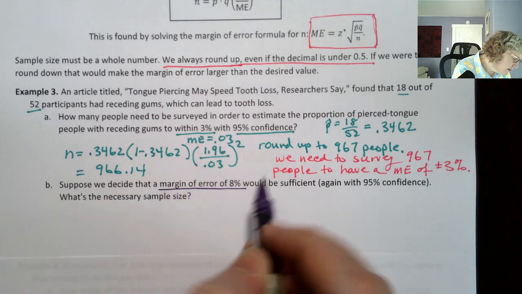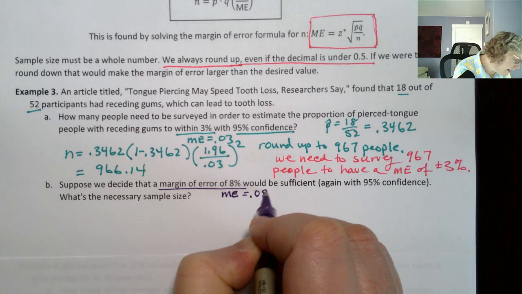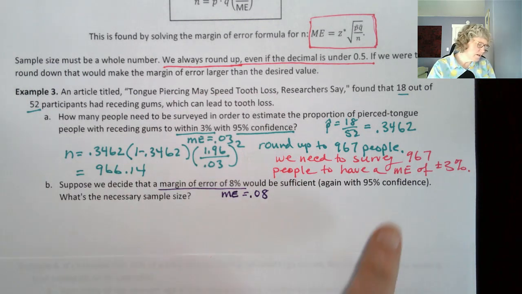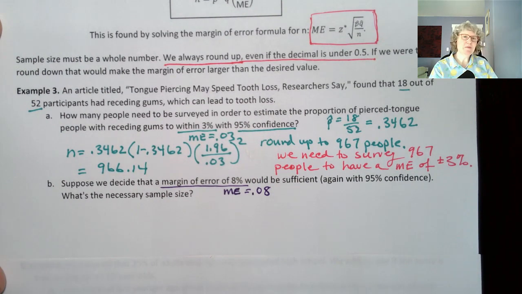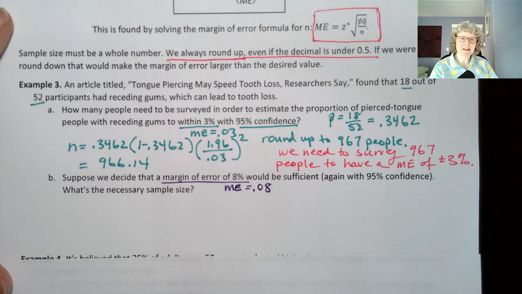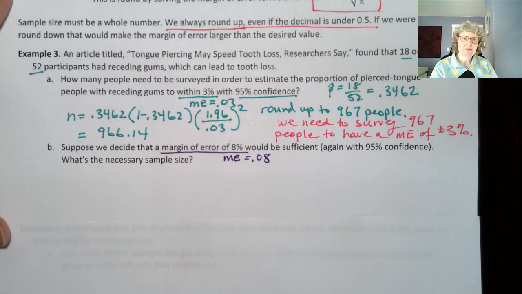Margin of error is now going to be 0.08. Everything else stays the same. 95% confidence staying the same. P hat, Q hat staying the same. So let's go ahead and calculate this. What do you think is going to happen based on what we've talked about already? Is it going to get bigger, smaller?